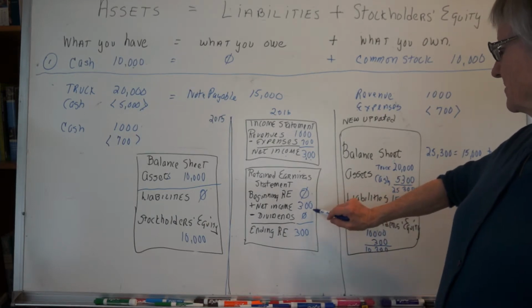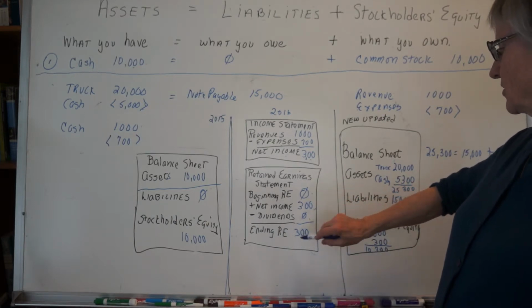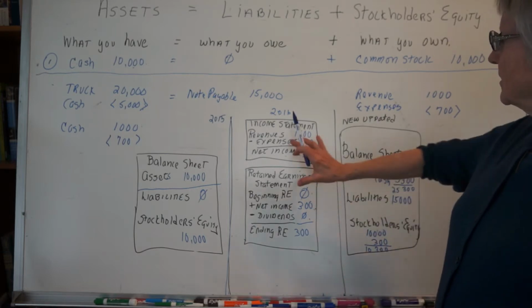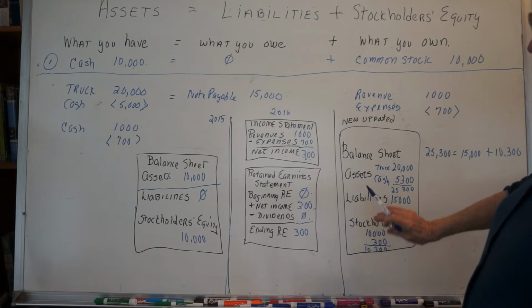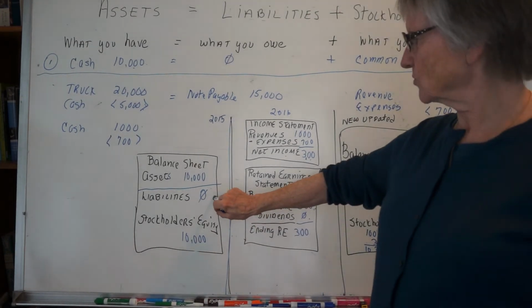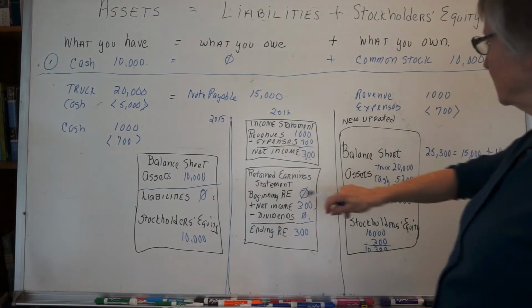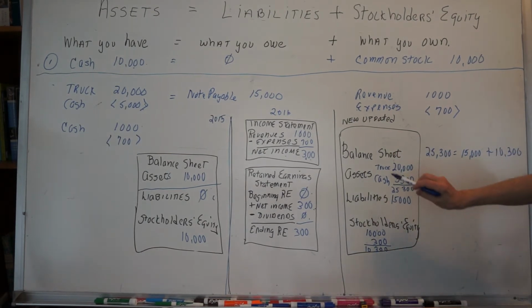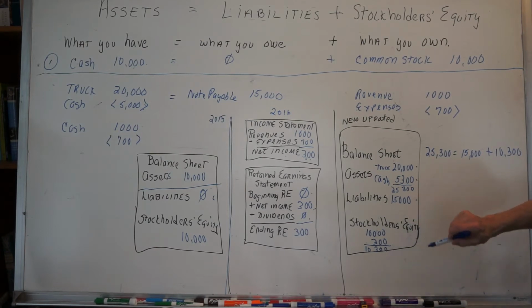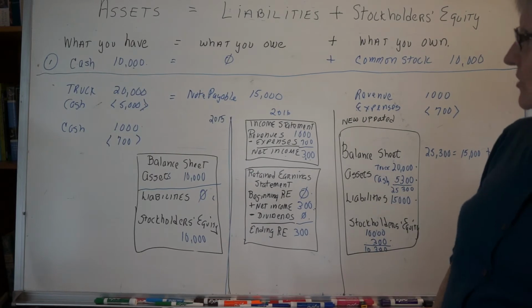Started with 0, plus the net income, no dividends, ending. And then based on all of this, we have to update the balance sheet to see, well, what's happened since we started? What happened in this period? And we get a new updated balance sheet at the end of the period that now has the truck on it. It has how much cash we have left. We took out the note. We made some money. Okay? So that's generally how this works.